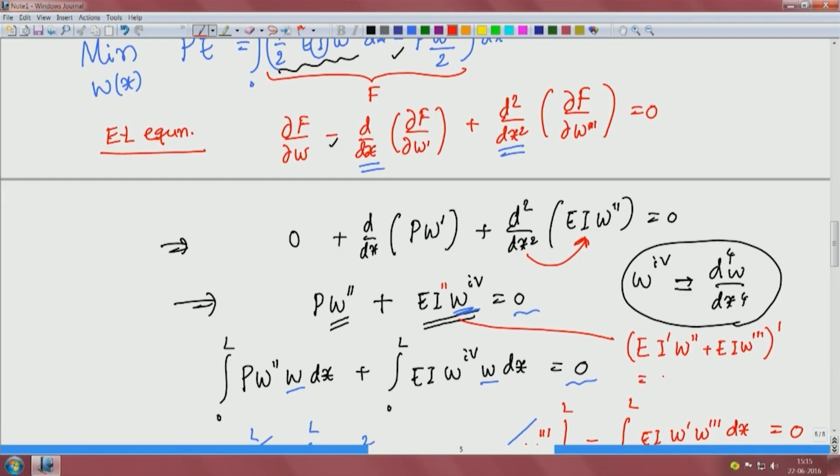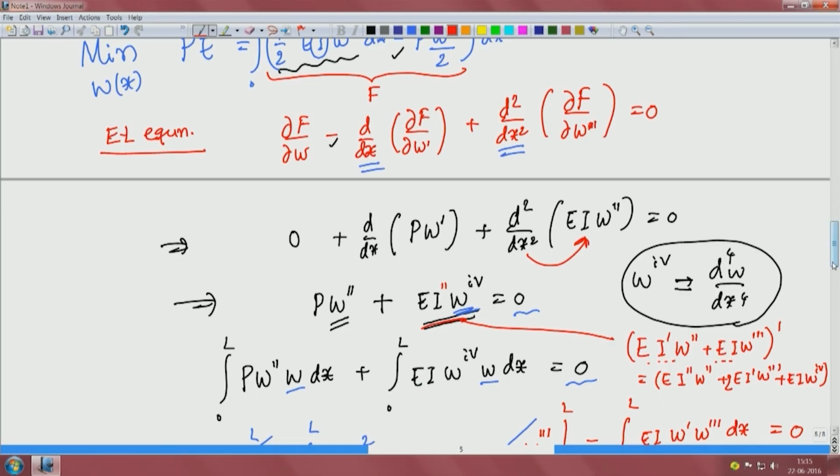That will again give us E I double prime W double prime, and then E I prime W triple prime. Another one of these will come, that will become 2, and then I will have E I W fourth prime. That is what we get for the buckling problem.